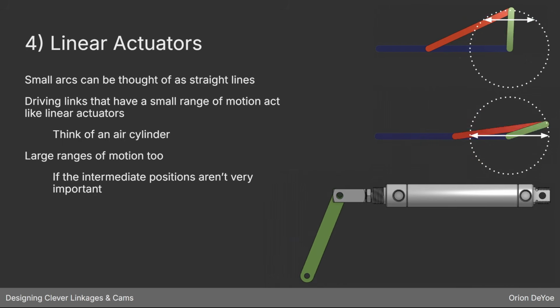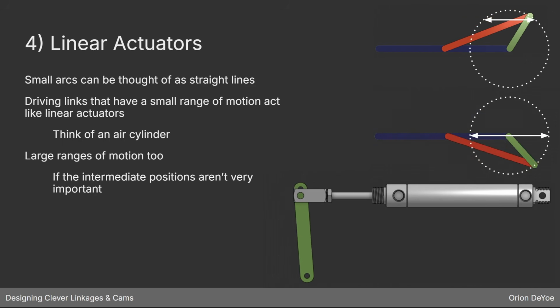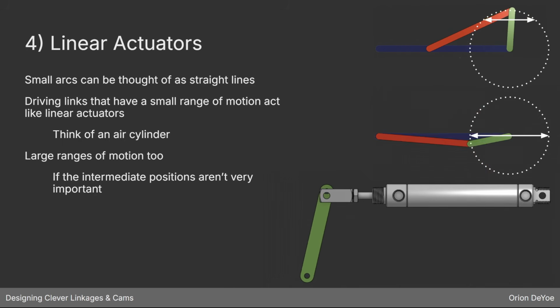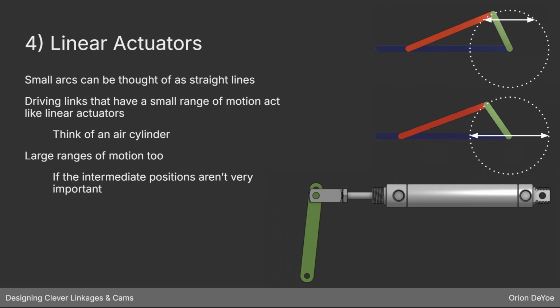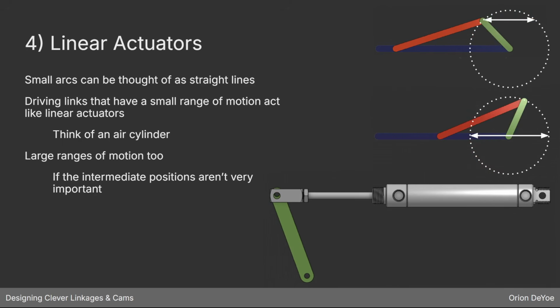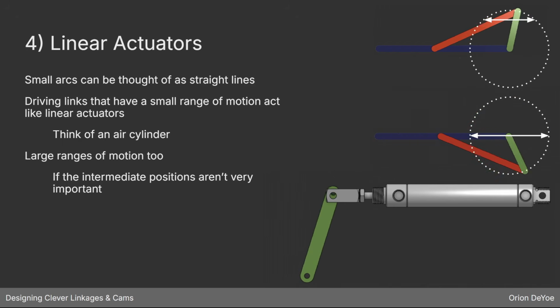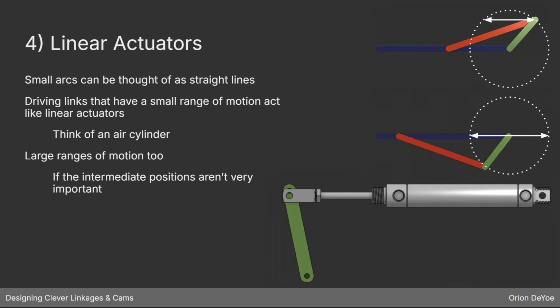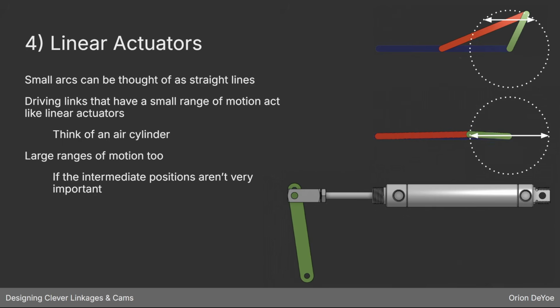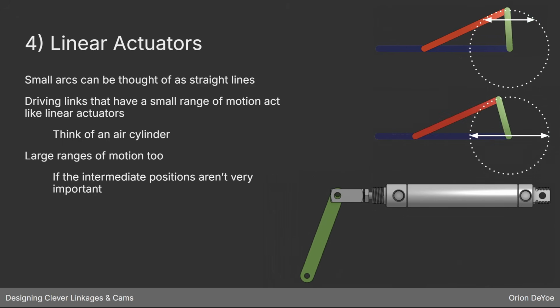I also find it very useful to imagine certain linkages as linear actuators, especially three-bar linkages. If we think about a linear actuator like this air cylinder that I have here on the screen, small arc segments can be approximated as a straight line, right?